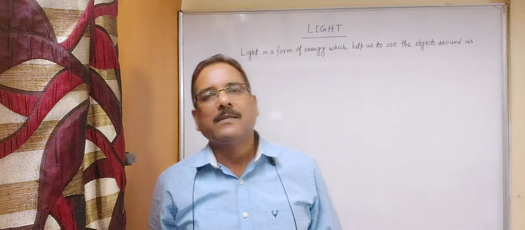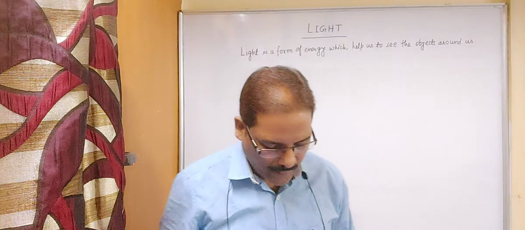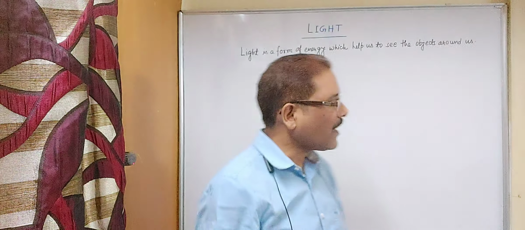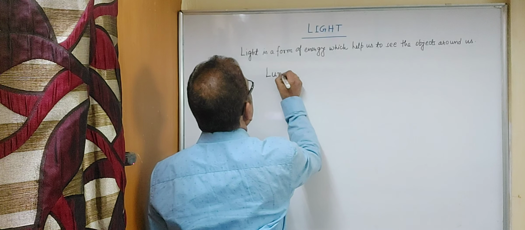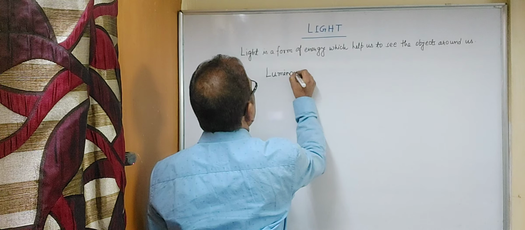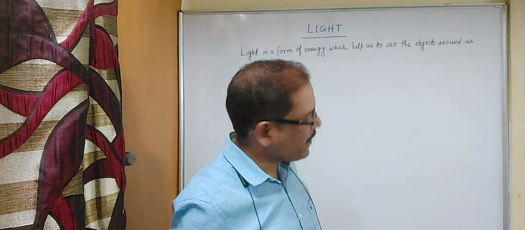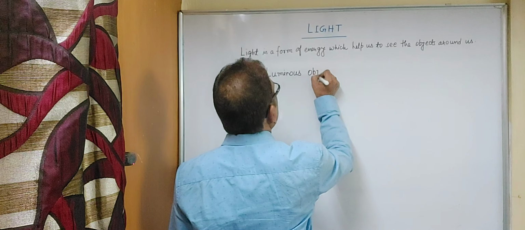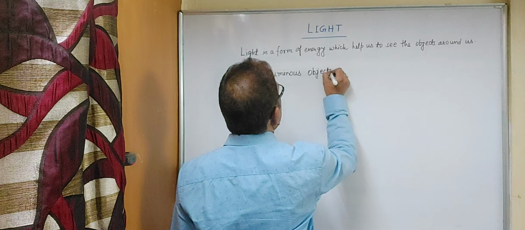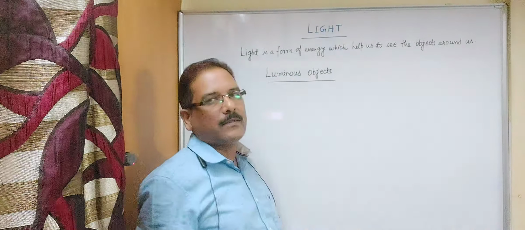Then in junior classes, you have read about luminous and non-luminous objects, isn't it? So, what is a luminous object?